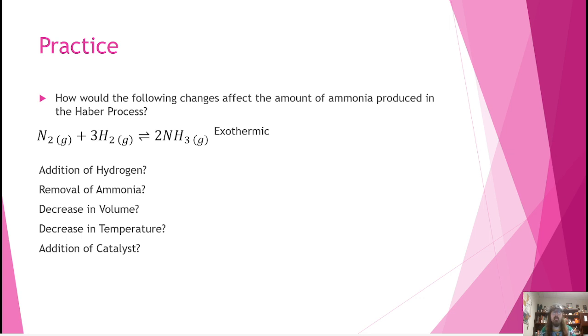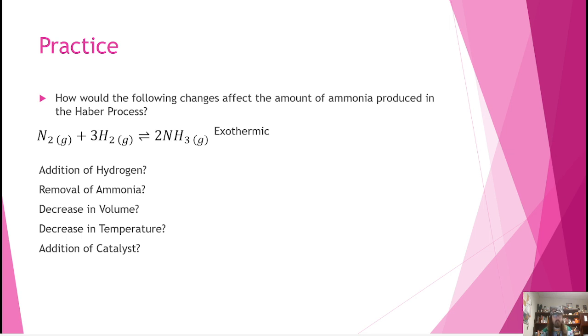So looking at that same Haber process, which is exothermic, if I start pumping in more hydrogen, what's going to happen? Well, you should expect this increases the products. If I remove ammonia by converting it into a liquid, it should increase the products.